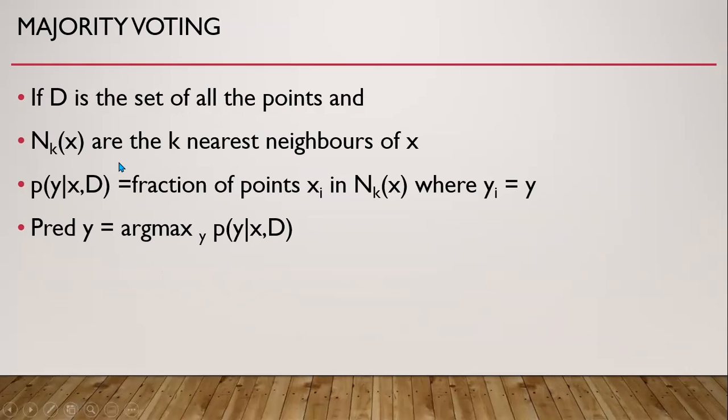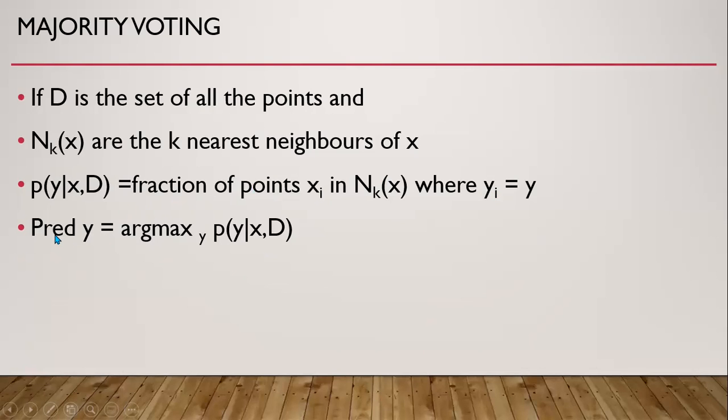After the neighbors are identified on the basis of either a distance metric or some other metric, majority voting is done to assign a class to a new example or new data. If D is the set of all points and N_k(x) are the k nearest neighbors of point x, then the probability of y given x and D, this is not the conditional probability, this is the writing convention, is equal to the fraction of points in the neighborhood of a particular class.